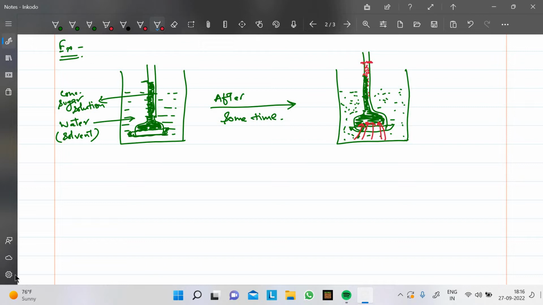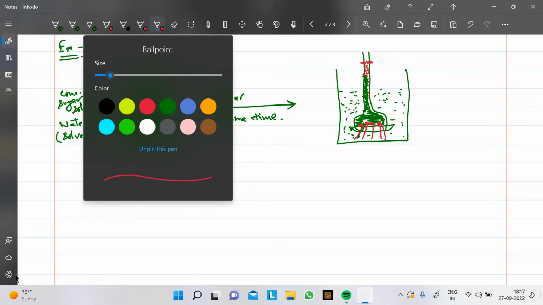It will not increase at that time. So this is simple osmosis. Again, how will I define it? It is the passage of solvent molecules from their higher concentration towards their lower concentration through a semi-permeable membrane. I hope it is clear what osmosis is.